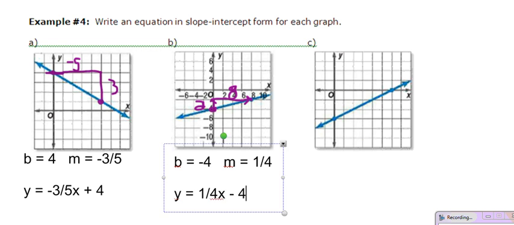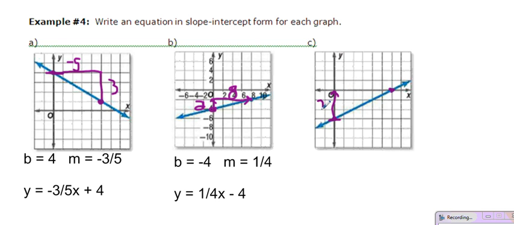So last one. So here, my y-intercept is 1, 2, 3. And it's in the negative, right? It's below the origin. So my y-intercept is negative 3. Here's a pretty point, and the y-intercept's a pretty point, so I'm going to do rise over run. I have to go up 1, 2, 3.